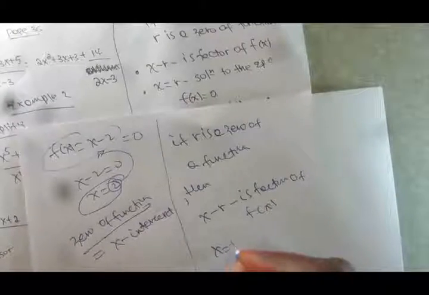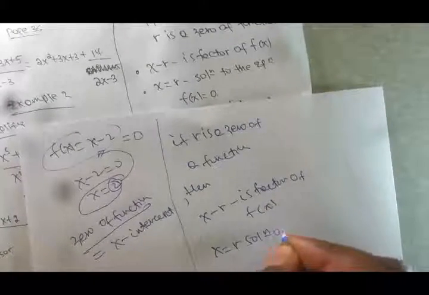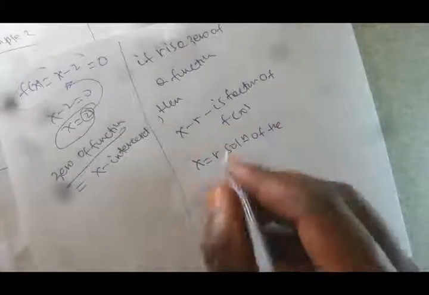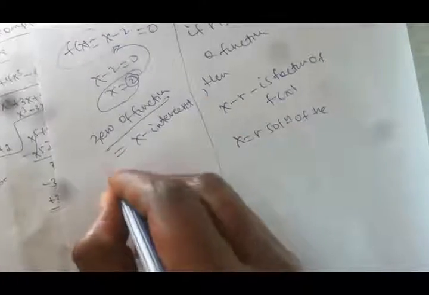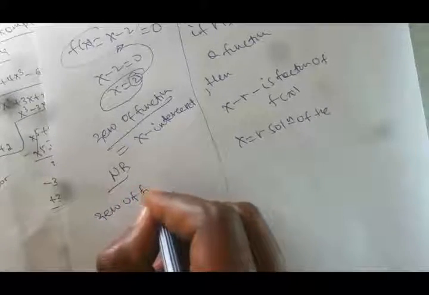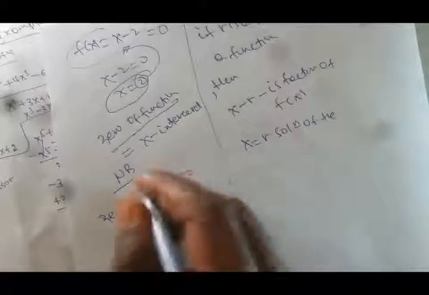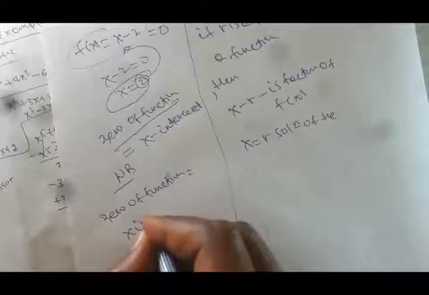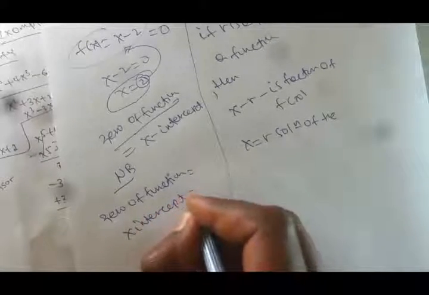And x equals r is a solution of the equation. So when we generalize, zero of a function is equal to x-intercept. This is equal to solution of the equation.